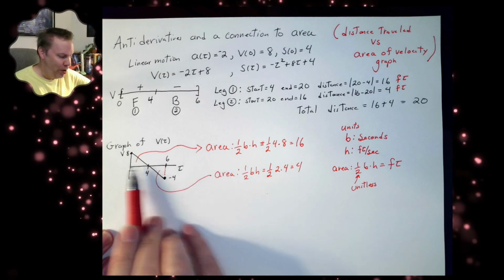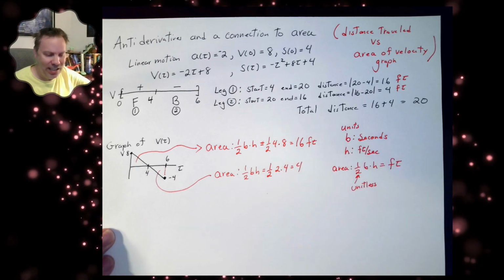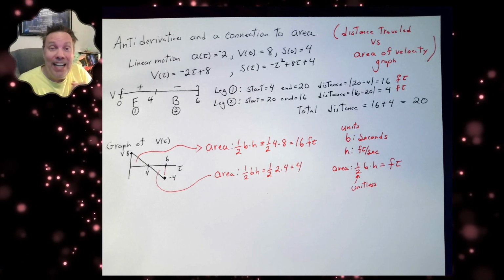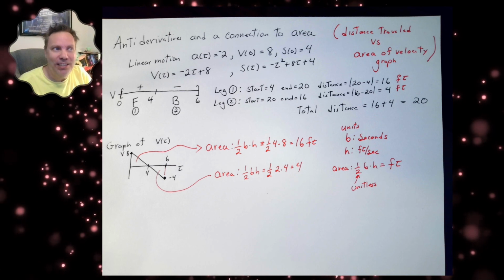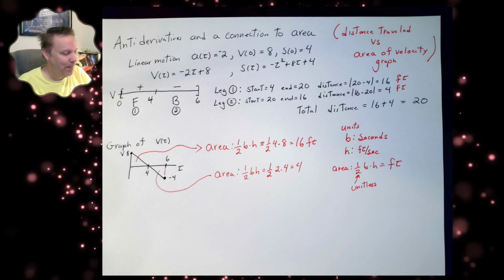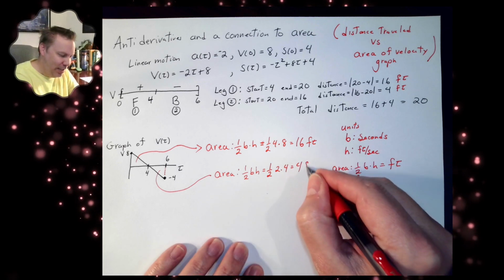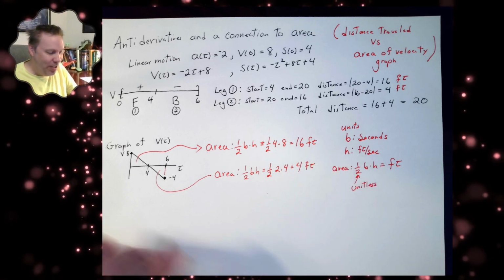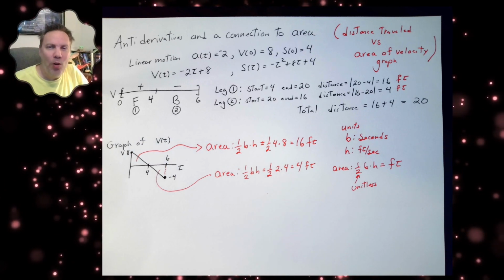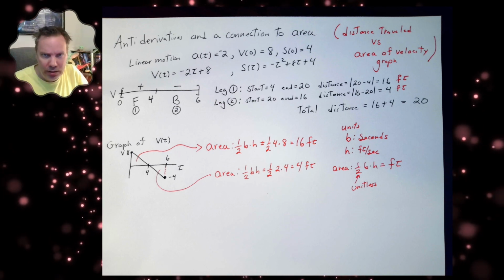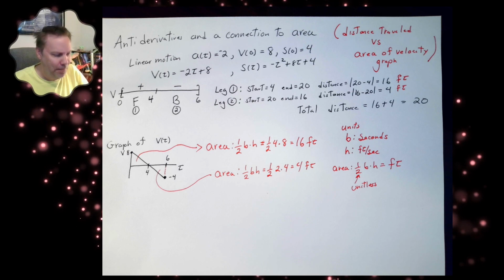This first triangle has an area of 16 feet. Yes, an area of 16 feet. I am not saying that incorrectly. So the area of this second triangle is 4 feet, not 4 feet squared, but in this context, our area measurement is feet.